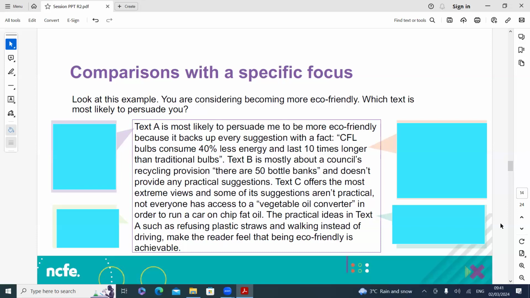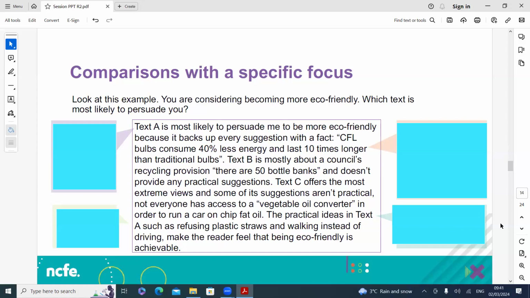Text A is most likely to persuade me to be more eco-friendly because it backs up every suggestion with a fact. CFL bulbs consume 40% less energy and last 10 times longer than traditional bulbs. Text B is mostly about a council's recycling provision. There are 50 bottle banks and it doesn't provide any practical suggestions.